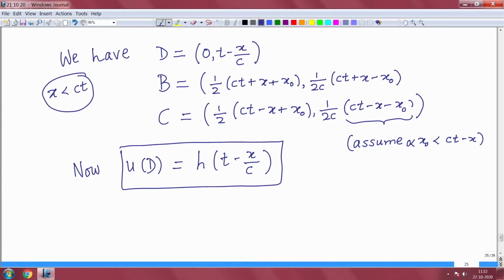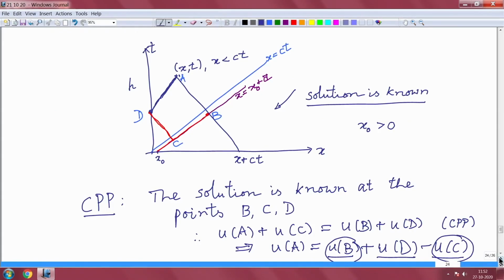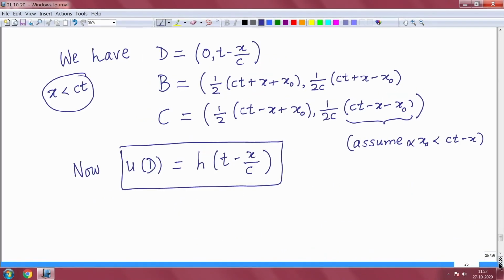Now again you go back to CPP. u of a is given by this, so just plug in there, that is all.